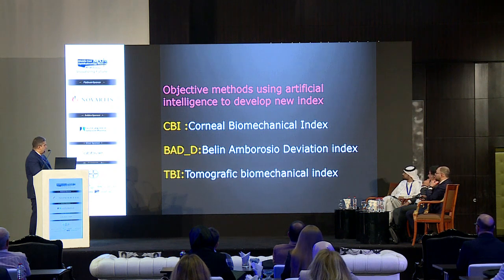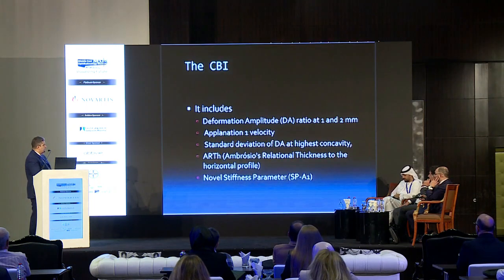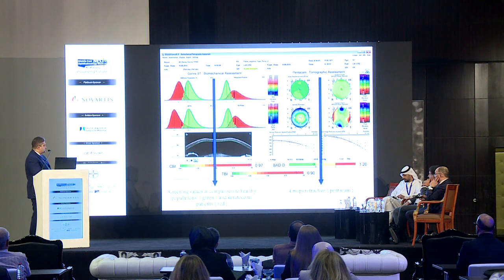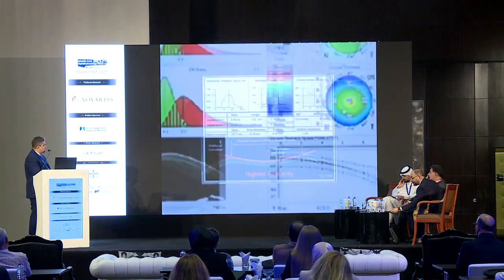Objective methods: the CBI, corneal biomechanical index, the BAD-D, Belin-Ambrosio deviation index, and the TBI, all in one test like this, screening values in comparison to the artificial intelligence, in comparison to the healthy population in green and the keratoconic in red. So you can compare both the Pentacam topographic assessment with the corneal biomechanical index, both of them at the same time. This helps you to diagnose the cases with early keratoconus or silent keratoconus.